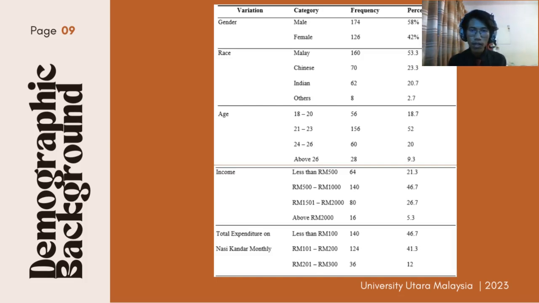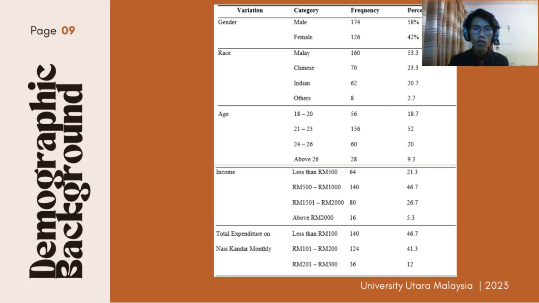9.3%. Next, the respondent income between 500 ringgit to 1000 ringgit is the highest with a total of 140 respondents or 46.7%, and the respondents with income above 2000 ringgit are the fewest, with 16 respondents or 5.3%.